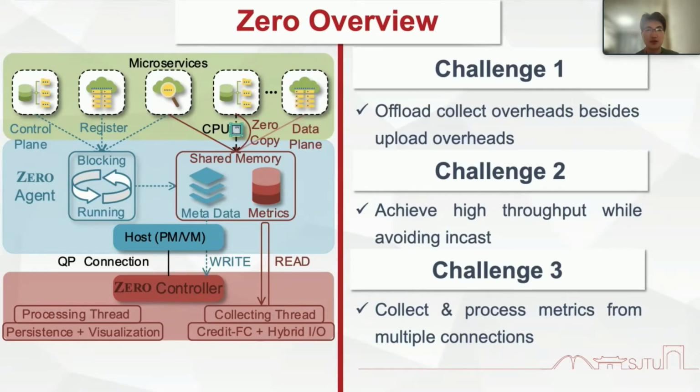So Zero proposes a novel control and data plane design to resolve challenge 1, introduces receiver-driven congestion control or flow control to resolve challenge 2, and incorporates an efficient threading and I/O model to resolve challenge 3.